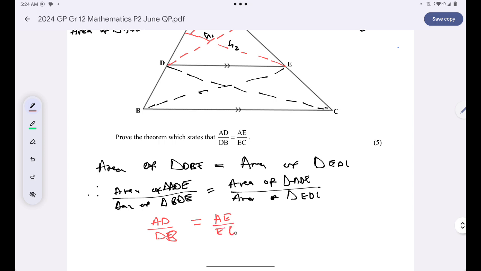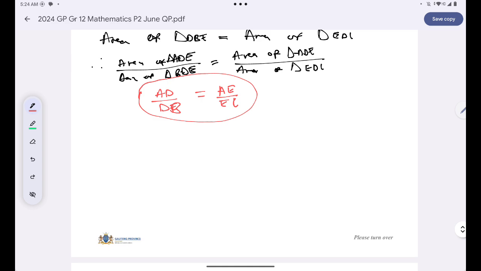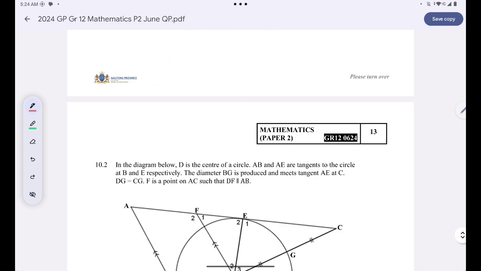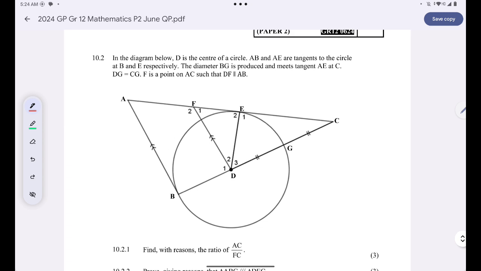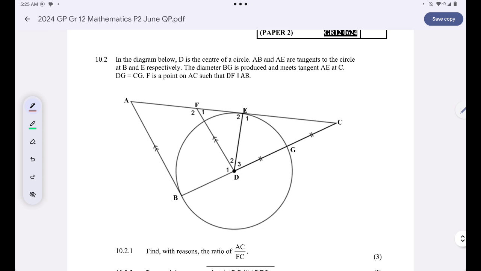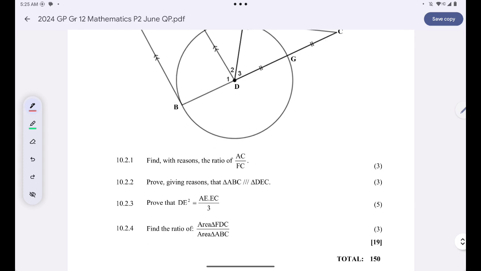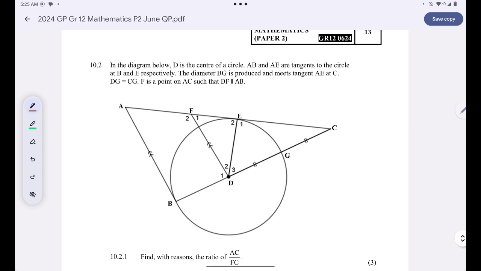So now we have proven that AD over DB is equal to AE over EC. Are you together? So this is how you prove the proportionality theorem, guys. Okay, now let's go to question 10.